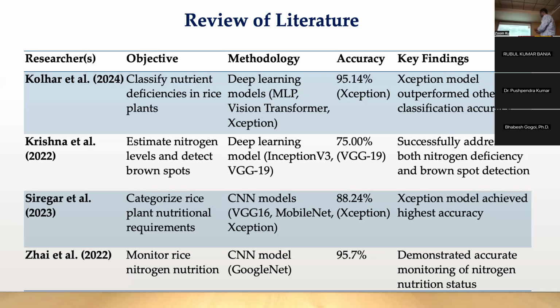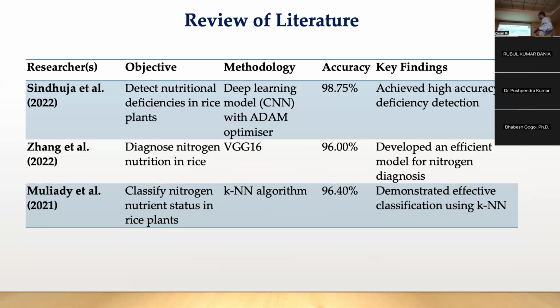The second one is using the deep learning model Xception V3, VGG16, and they are getting 75%, and so on. Most of them are using convolutional neural network models, and some also use the k-nearest neighbor algorithm for classification.